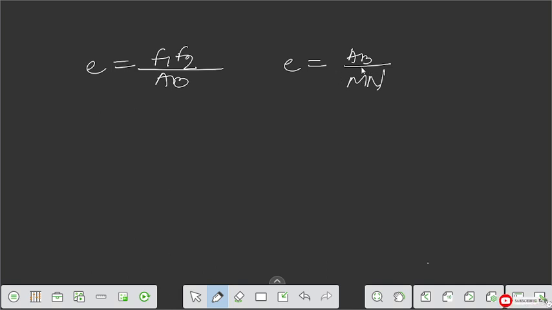From the previous case we get eccentricity is equal to F1F2, that means the distance between two foci, divided by the length of the major axis, and in the previous slide we get eccentricity is equal to AB divided by MN. AB means the length of the major axis and MN means the distance between two directrices.